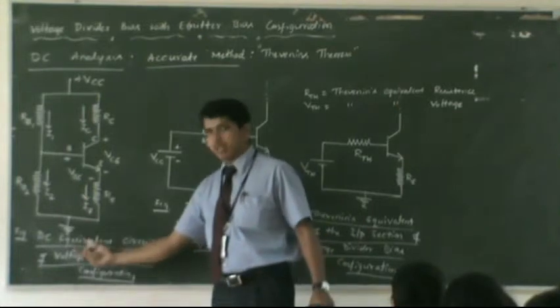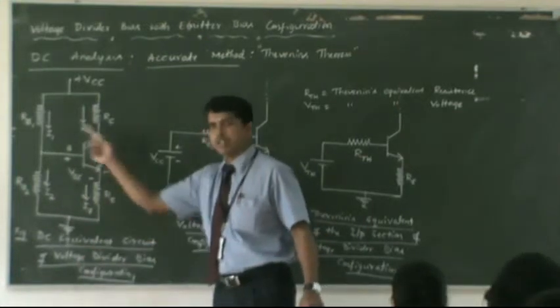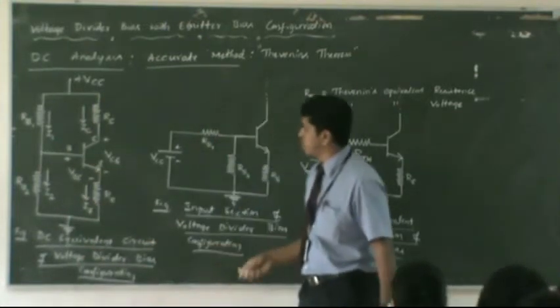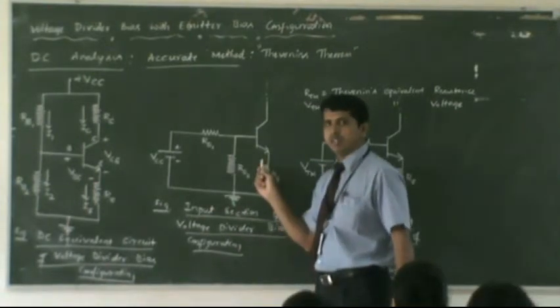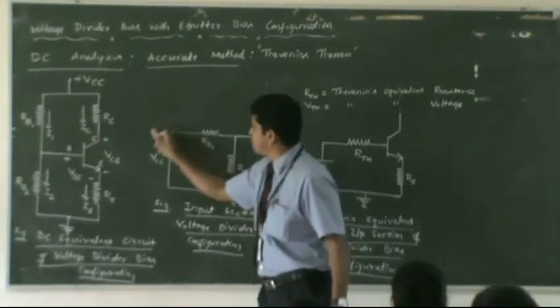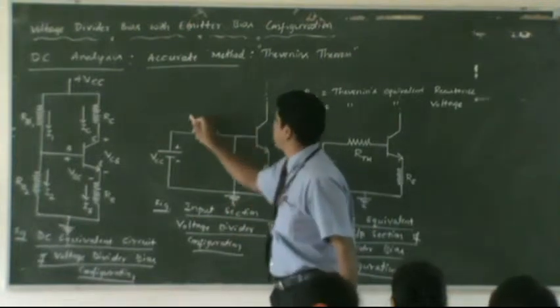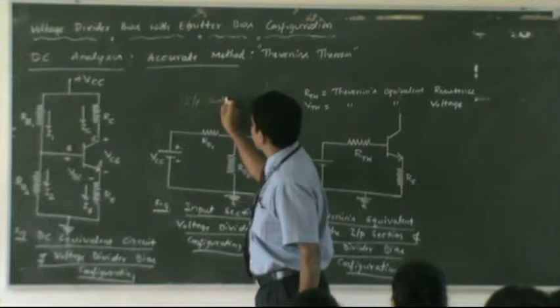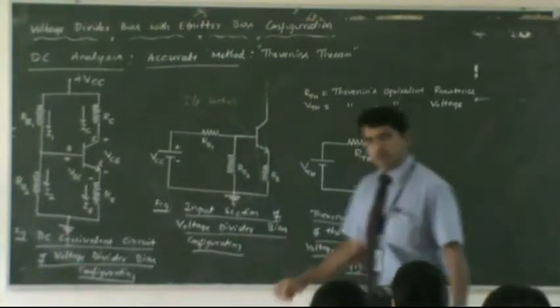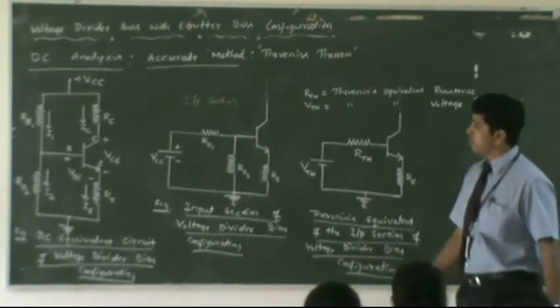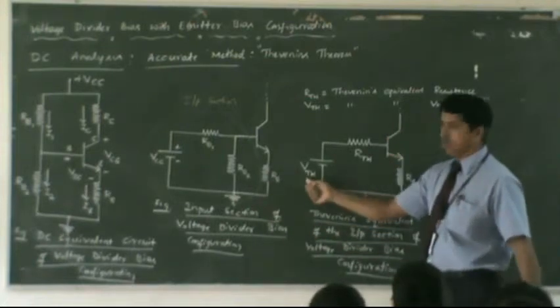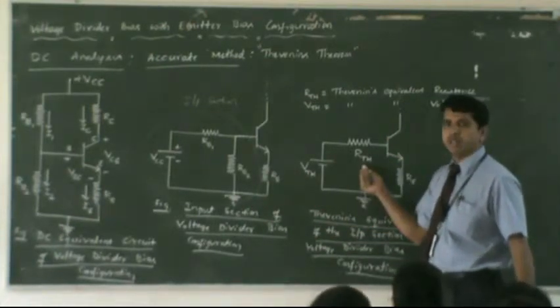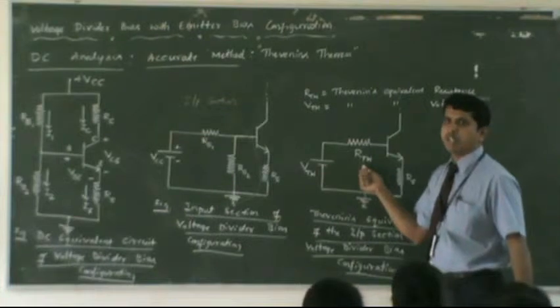First, we redrew the input section. You can see the input section comprises these elements, and it can be replaced by Thevenin's voltage source and Thevenin's resistance by applying Thevenin's theorem.